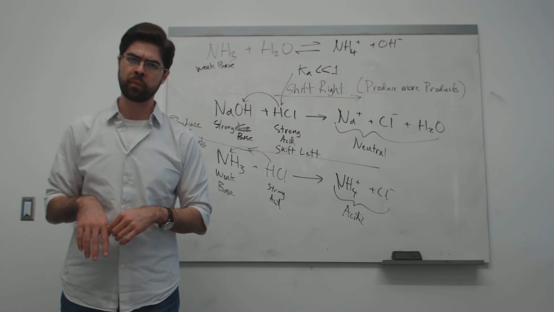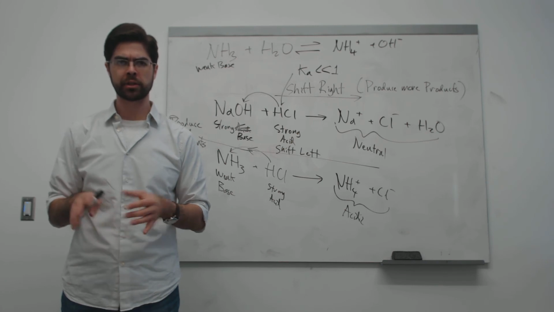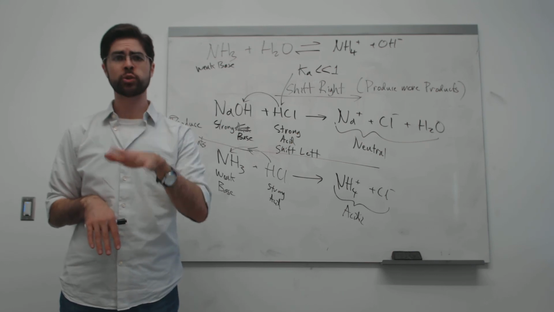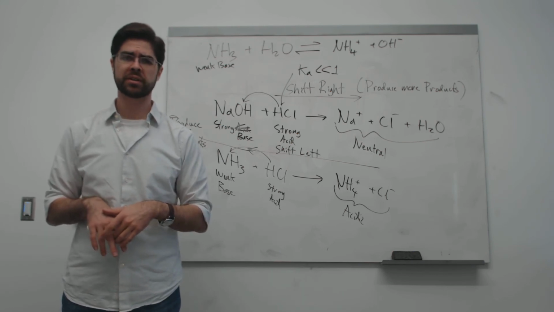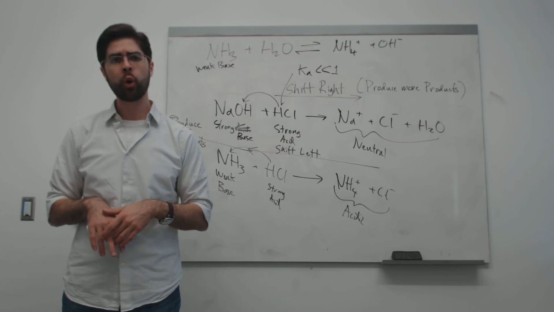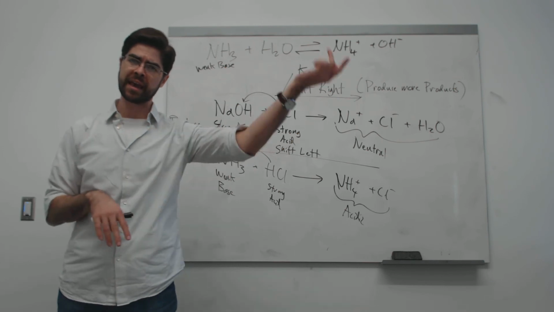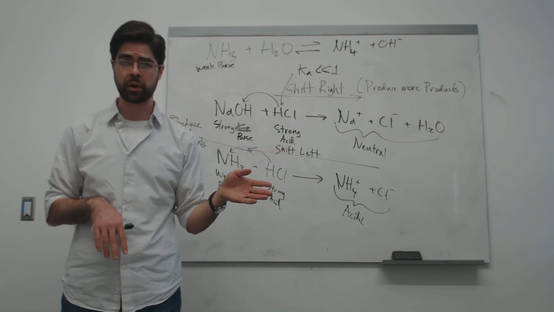So for the moment, you can't easily predict whether something has a large Ka or a small Ka just by looking at it, but you can use some intuition. If you know something is a strong acid, or a strong base, then you can say that its Ka is very large, or that its Kb is very large.